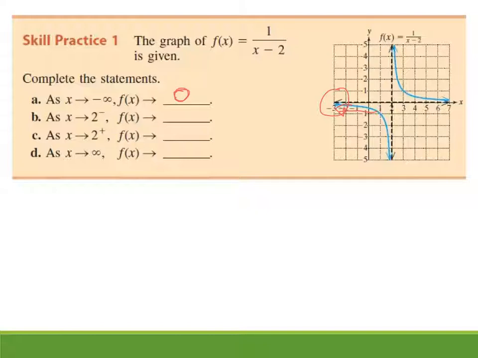As x is approaching 2 from the negative side, we're going from this way, we see that f of x is approaching negative infinity. As x is approaching 2 from this direction, we see that f of x is approaching infinity. And finally, as x is approaching a very large number, we see that f of x is approaching 0 again.